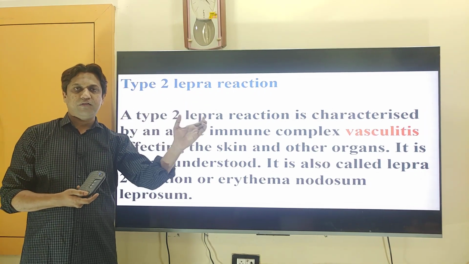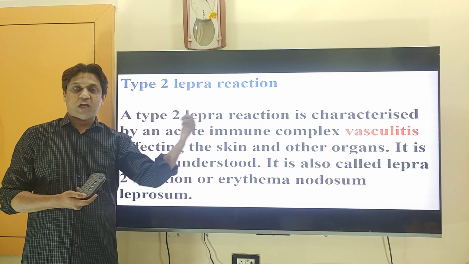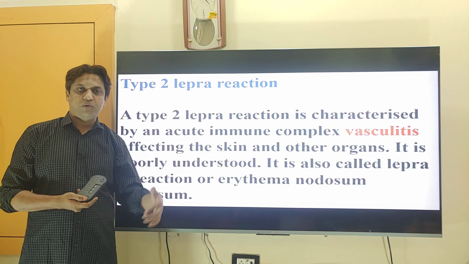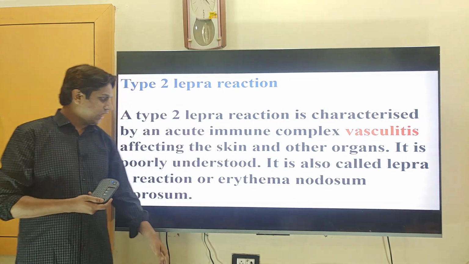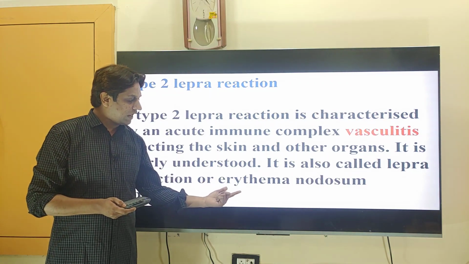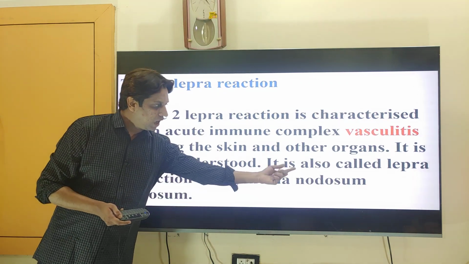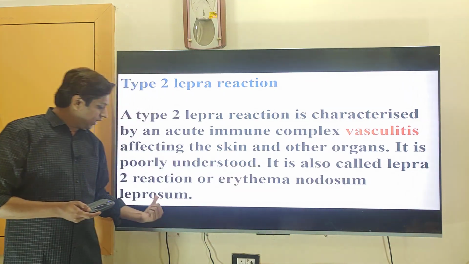If you add these together, the result should be 5. So how to remember which hypersensitivity reaction is type 1 and type 2? Type 1 is 4, type 2 is type 3 hypersensitivity reaction. Okay, this type 2 reaction is also known as erythema nodosum leprosum, ENL.